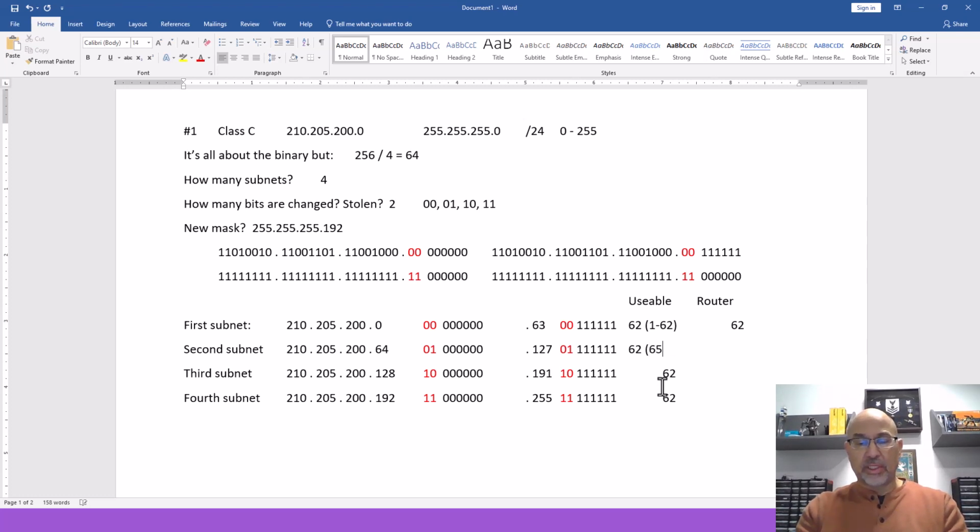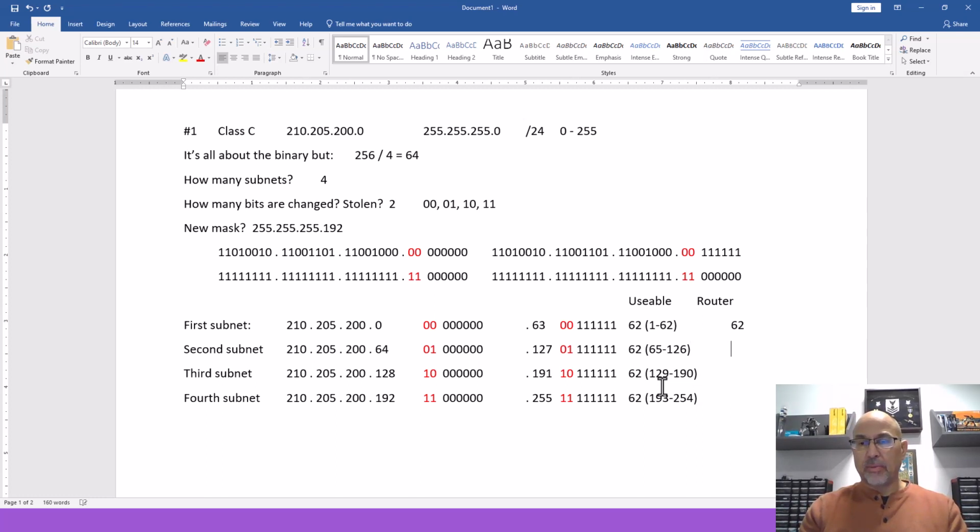Well, they'd be 65 to 126. And here, the values would be 129 to 190. And the values here would be 193 to 254. There's our old friend, the router that we like to use.